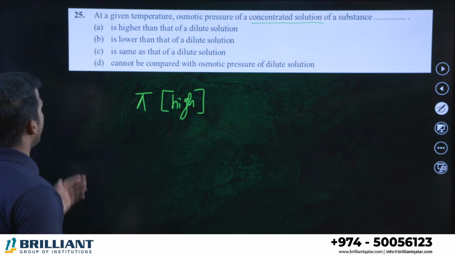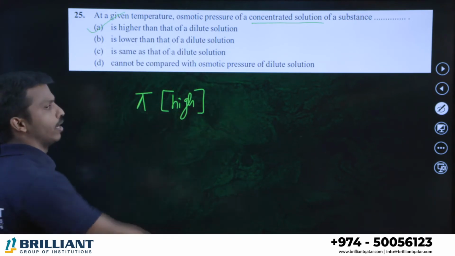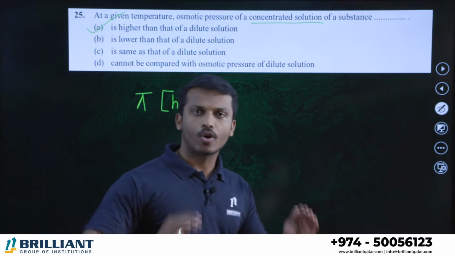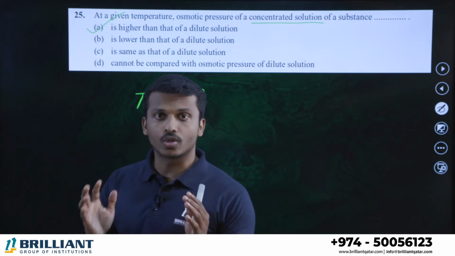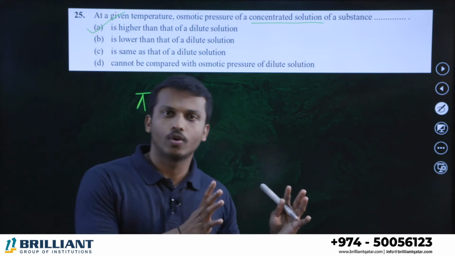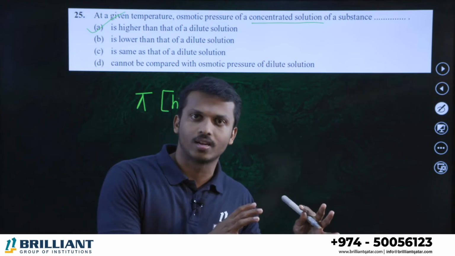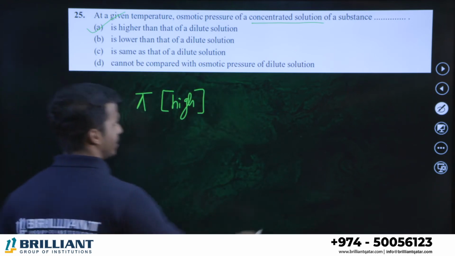Option A is higher than that of the dilute solution. Yes, dear student, let's go with option A. A concentrated solution contains so many particles, so osmotic pressure is greater. For a dilute solution, the number of particles is lesser, so the osmotic pressure is lesser. Right, option A is the answer.